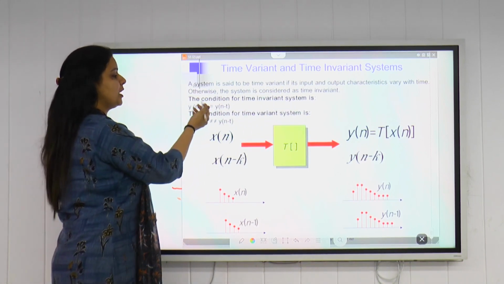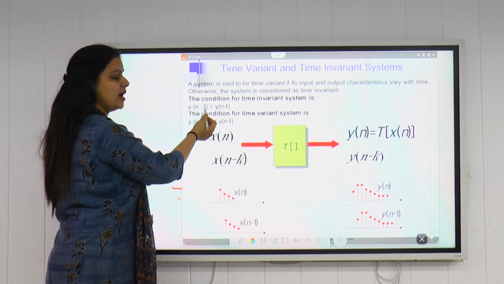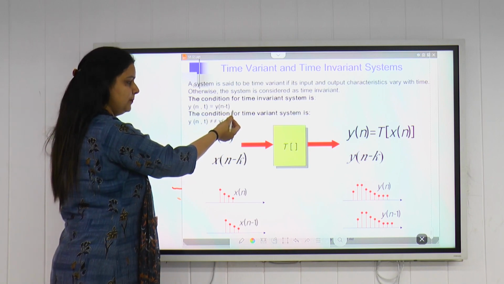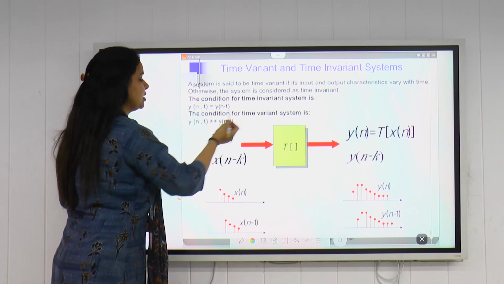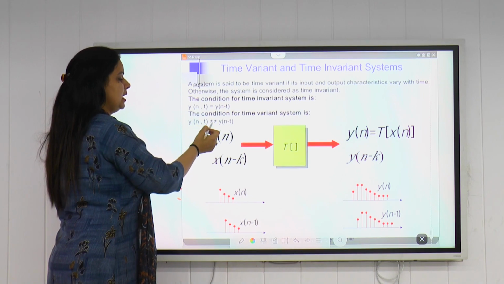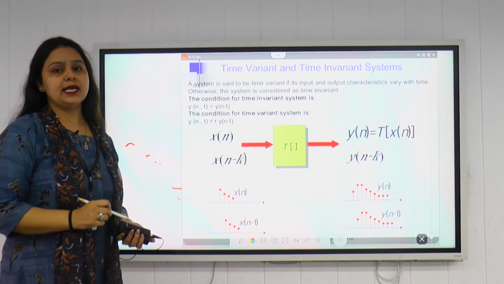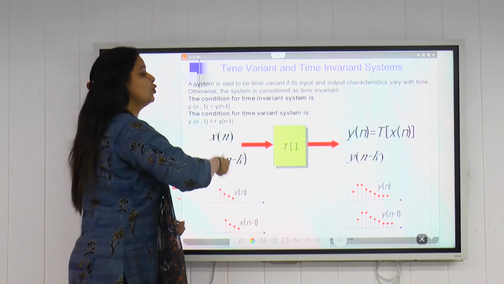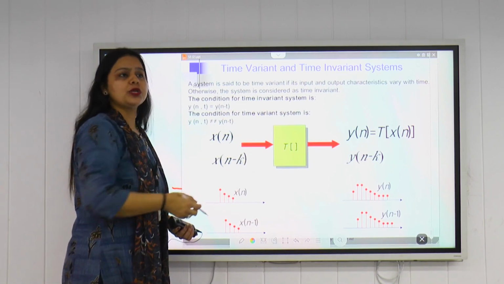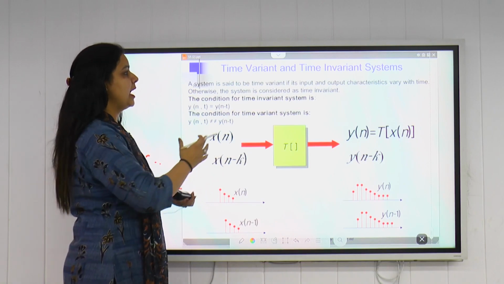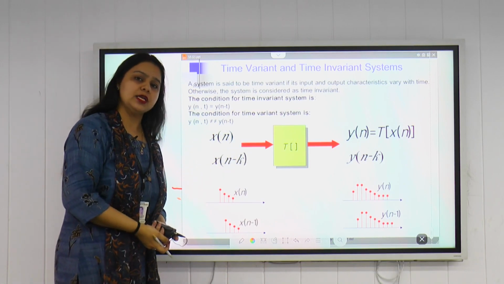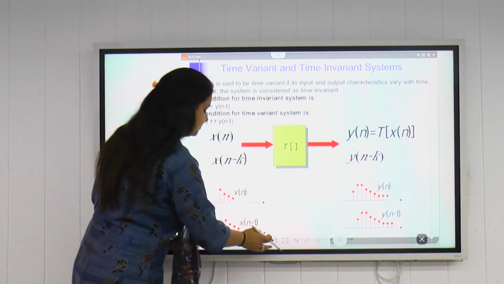The condition for time invariant is y(n,t) equal to y(n minus t), and the condition for time variant is y(n,t) not equal to y(n minus t). We will see this in detail in the next lecture with examples, so that we can have more detail about time variant and invariant systems.